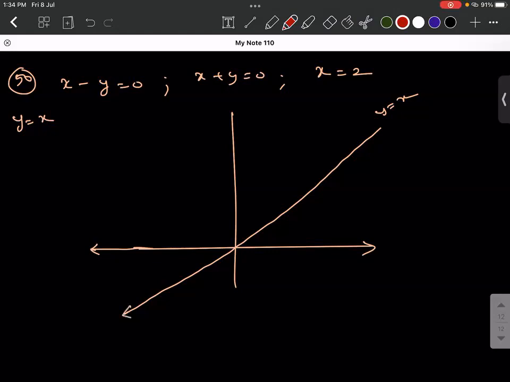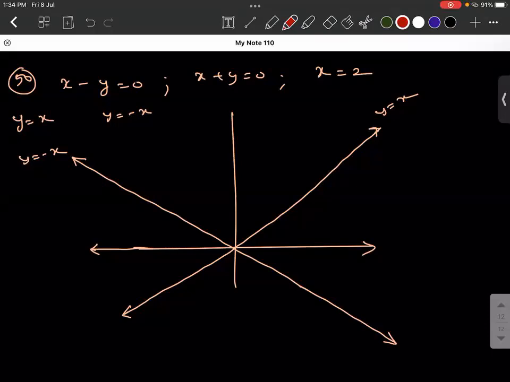So this is y is equal to x. Am I clear with this? Yes, sir. Okay. Similarly, I have another line which says y is equal to minus x. So y is equal to minus x is this line. X is equal to 2 is a line parallel to the y-axis.